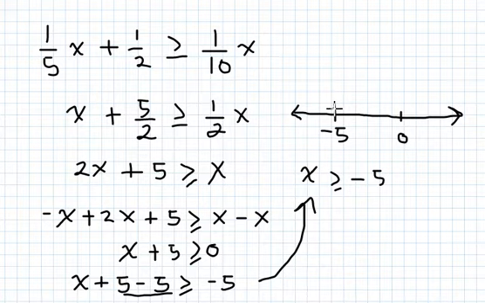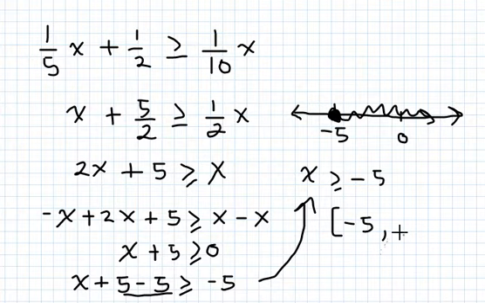Now we want to include negative 5, so we're going to put a filled in dot. x is greater than or equal to, so everything to the right of negative 5. I've been doing this in a different color, but hopefully you can see that. Now remember, we've got interval notation also that we can write this out as. Remember, we're including negative 5, so I put a square bracket here.